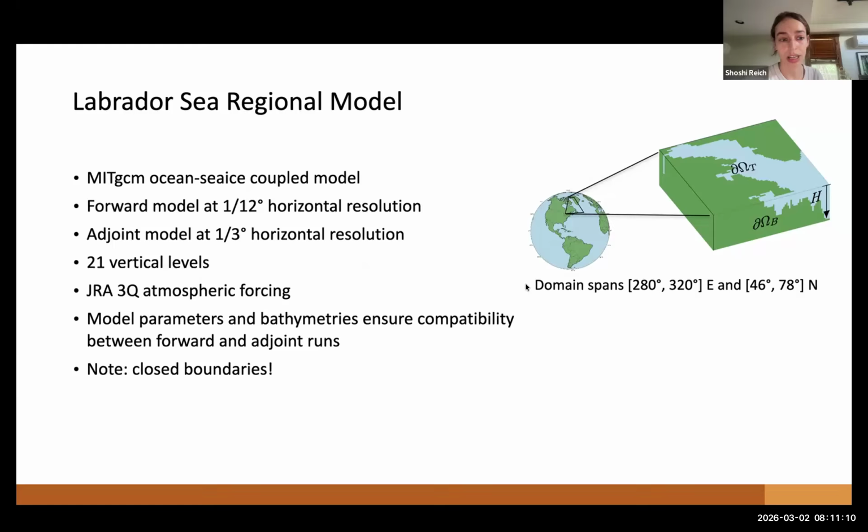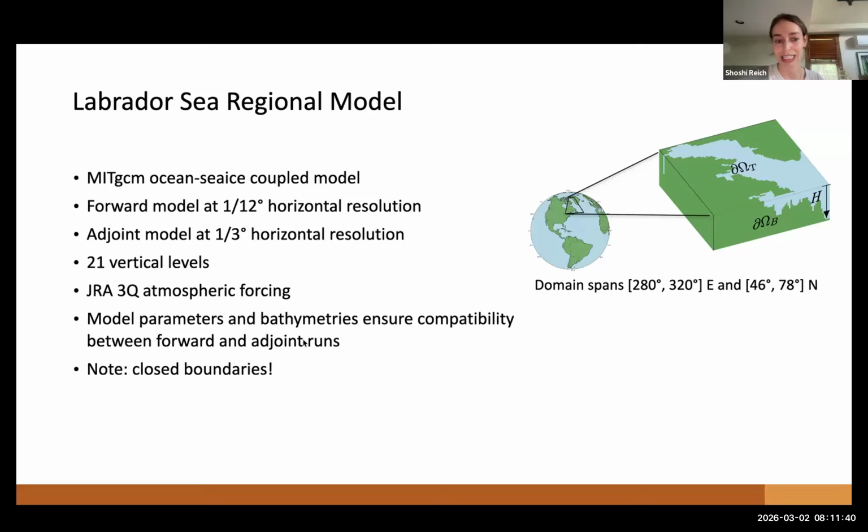I have 21 vertical levels, atmospheric forcing from JRA, and something I forgot to mention earlier is that using this multi-grid approach, we need our high resolution and low resolution trajectories to be compatible, or similar. One reason is we don't want to introduce any instabilities in the adjoint. The other is that we want our coarse grid adjoints to be physically meaningful for the high res.